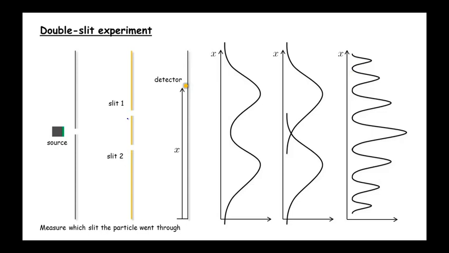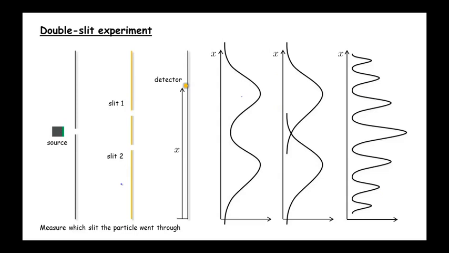Of course, you can turn down the intensity of light at these two slits to make sure that you try not to disturb the electron as it's going through. And as you turn down the intensity, what you end up getting is some combination of the interference pattern and the straight addition. In fact, the extent of this combination is exactly proportional to what fraction of the electrons you are able to detect at slit 1 or slit 2.